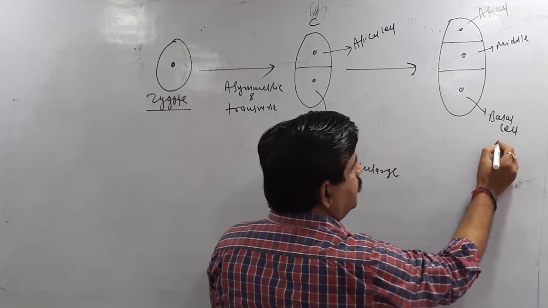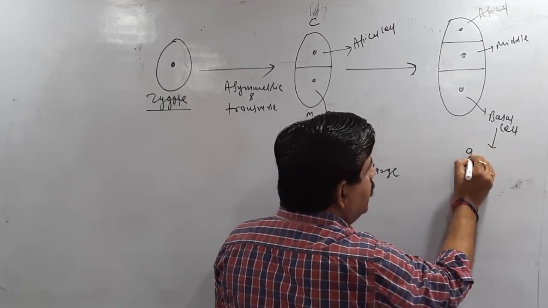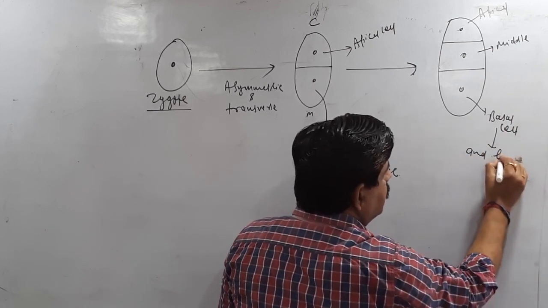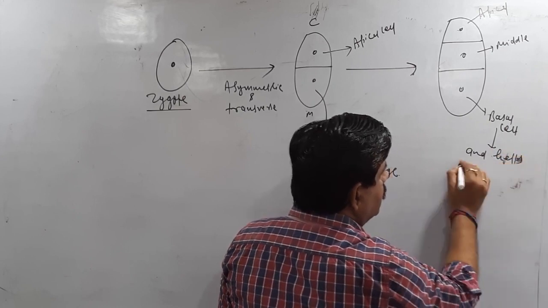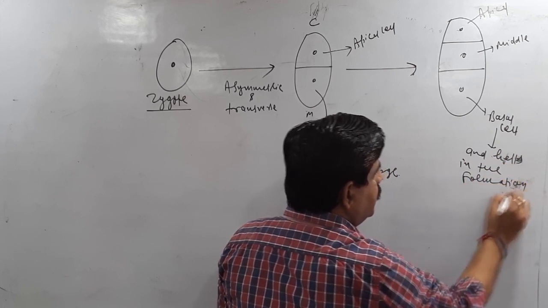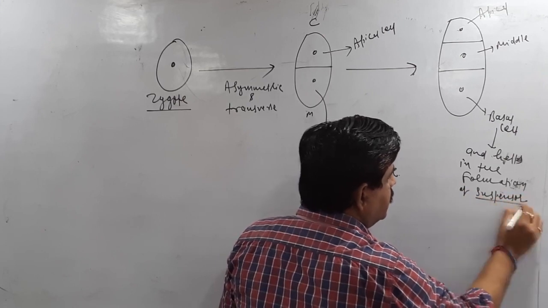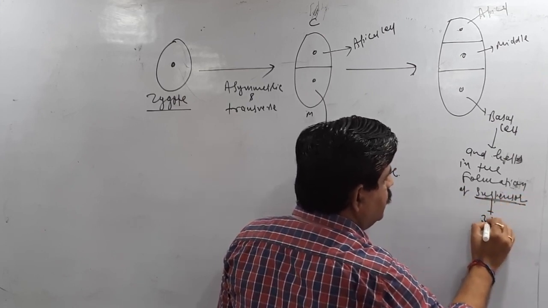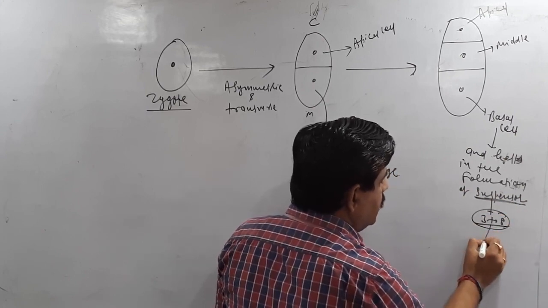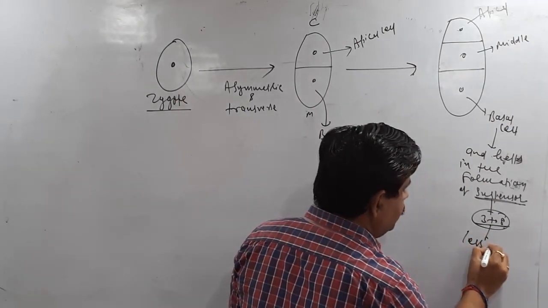This basal cell gets enlarged and helps in the formation of suspensor. Suspensor, which is a 3 to 8 cell structure, is less differentiated in the case of monocot.